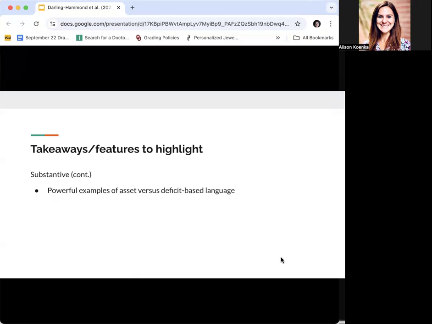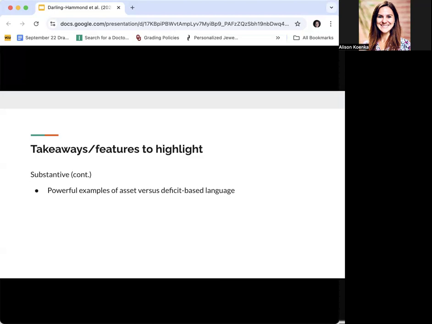Another thing I want to highlight is some very powerful examples of asset versus deficit-based language within this article. For example, the authors quoted another scholar by the name of Gay when they were talking about culturally relevant pedagogy and specifically funds of knowledge. Gay said, and they quoted in the article, that culturally responsive approaches to teaching teaches to and through the strengths of these students.